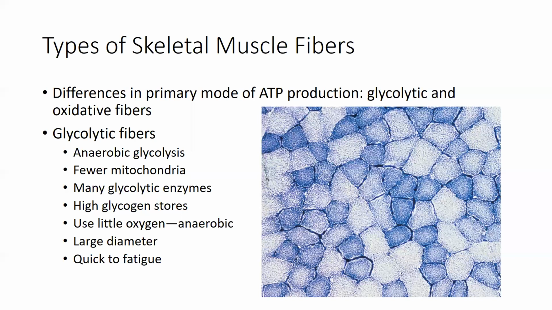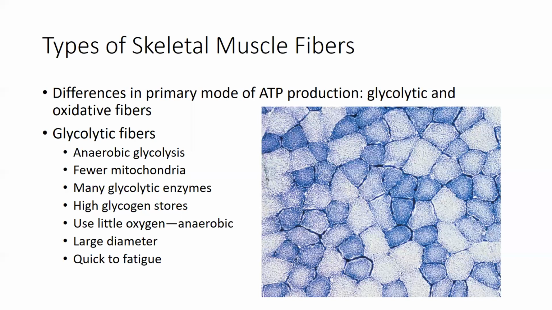And what was the one component of anaerobic glycolysis that led to the quick fatigue of these muscle fibers? Right, the lactic acid buildup. They're relying on glycolysis. Glycolysis produces lactic acid. That's going to build up in these fibers. They're going to be quick and easy to fatigue.